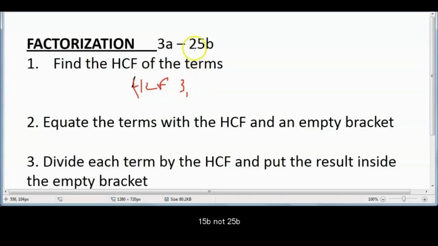Sorry, I have to use 15, not 25b, 15b. 3a minus 15b. So the HCF of 3 and 15 is 3.